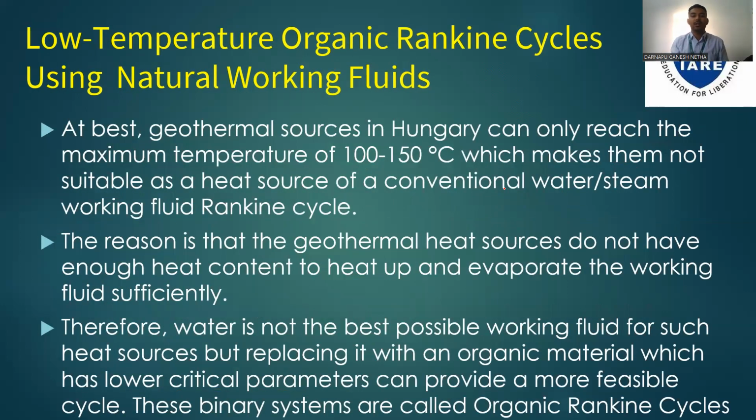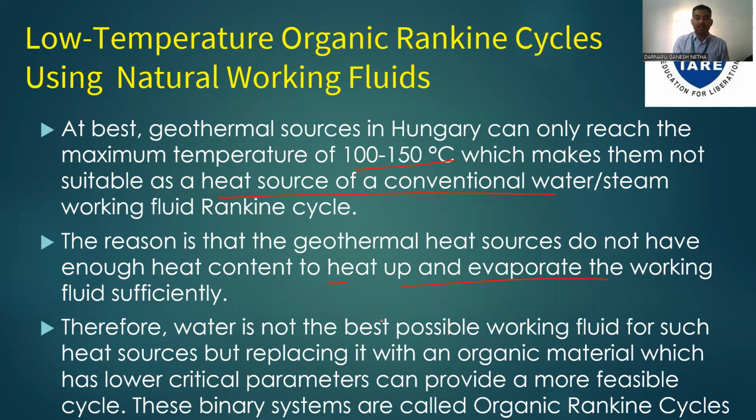At best, geothermal sources only reach a maximum temperature of 100 to 150 degrees, which makes them not suitable as a heat source for the conventional water steam Rankine cycle. The reason is that geothermal heat sources do not have enough heat content to evaporate the working fluid sufficiently.